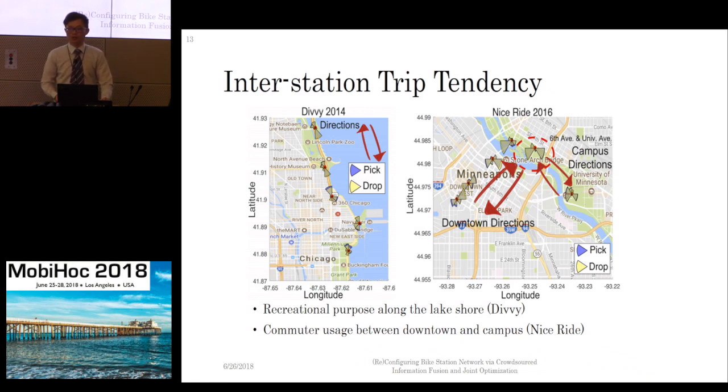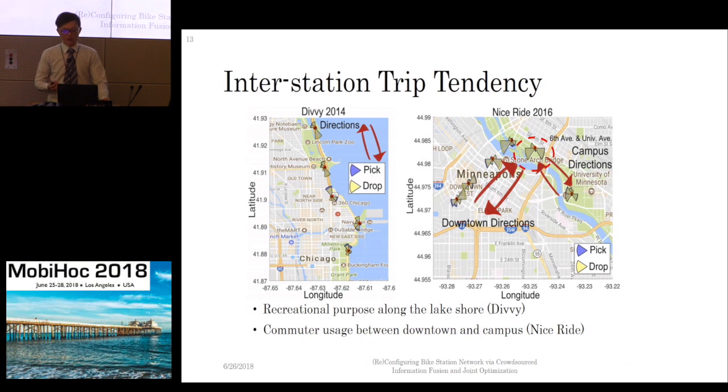However, due to different tendencies of the users, for example the recreation purpose of people along the lake shore and the daily commuter usage between the downtown and the campus, their mutual connections in terms of the trips between the start and destination become very strong.